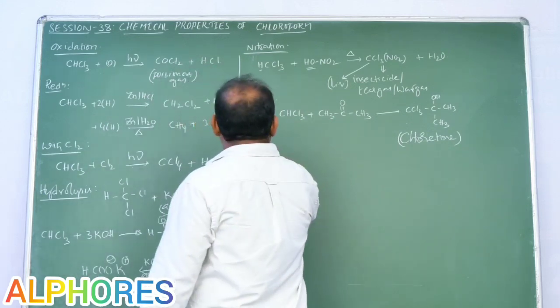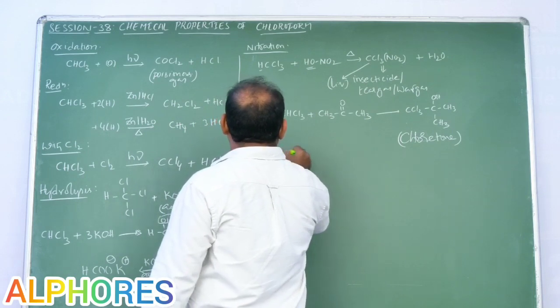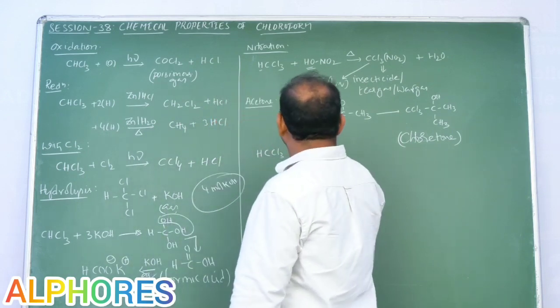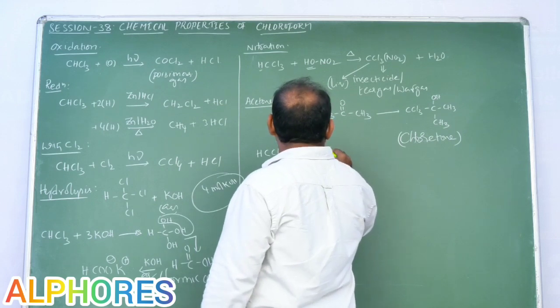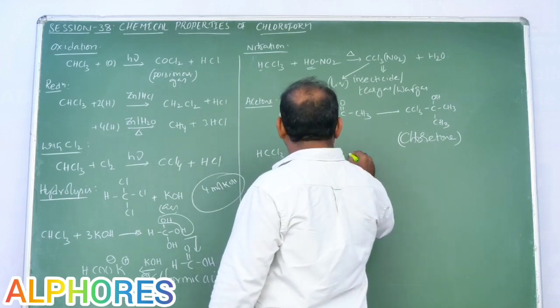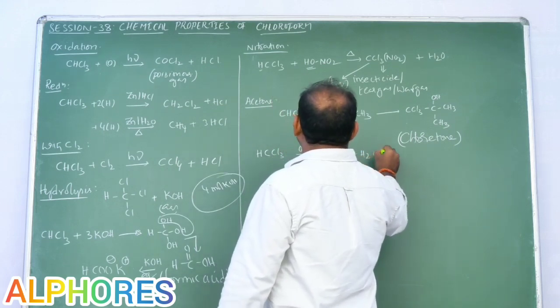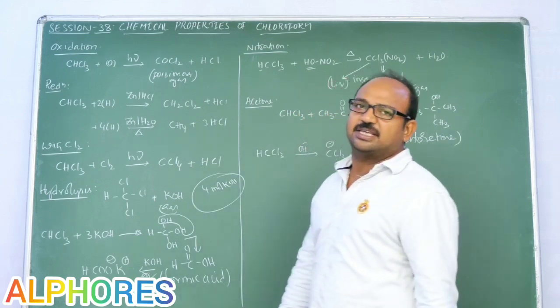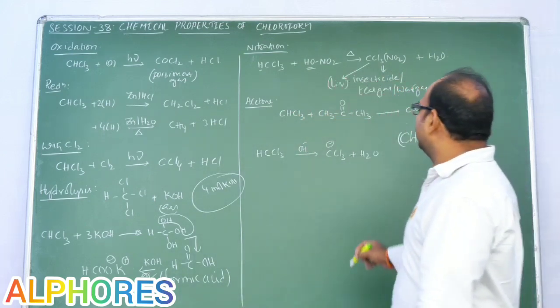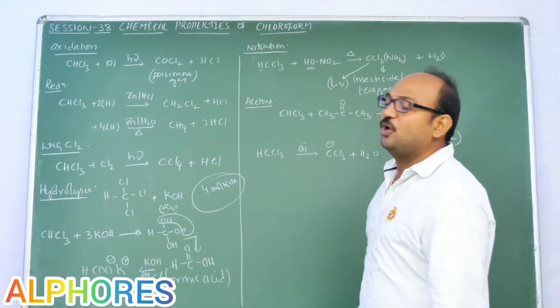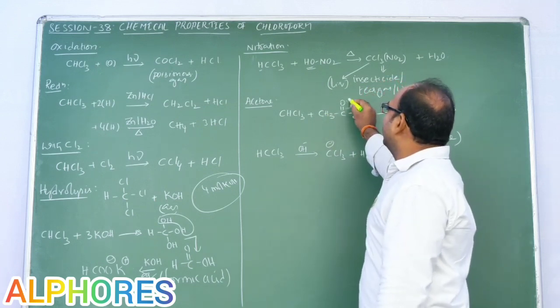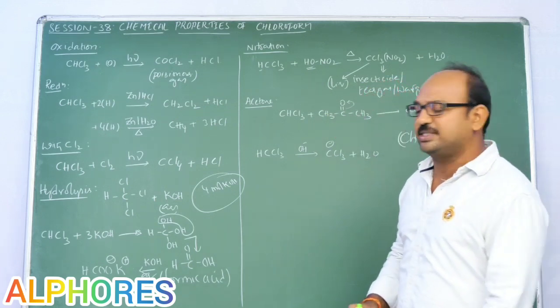How does the mechanism proceed? Here, CHCl3 in the presence of base gives CCl3 minus plus H2O. Now this CCl3 minus acts as a nucleophile, and in acetone the C double bond O carbon is the electrophilic center.